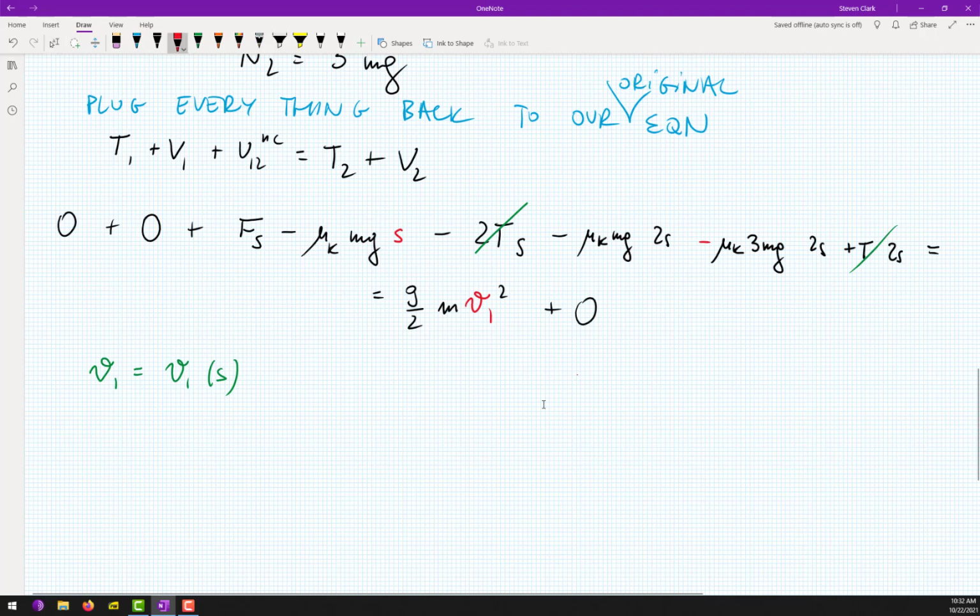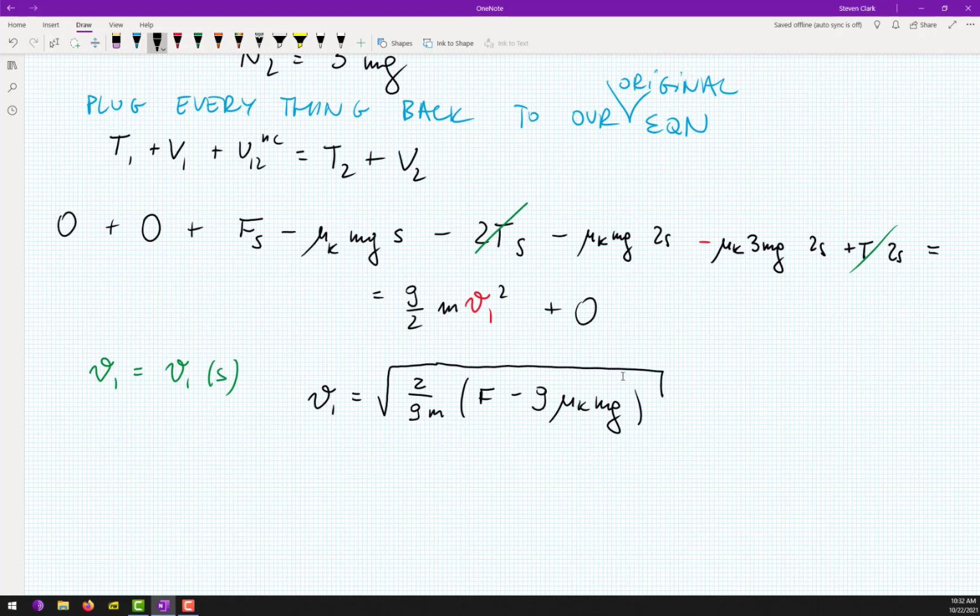Let's do it. If you do some algebraic transformations, you will end up with the following expression. V1 is equal to square root of 2 divided by 9m times f minus 9 mu k mg times square root of s.